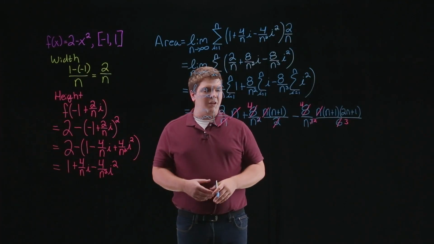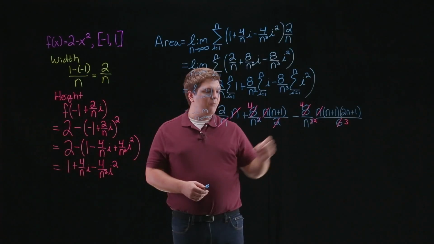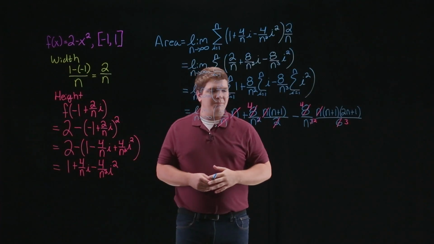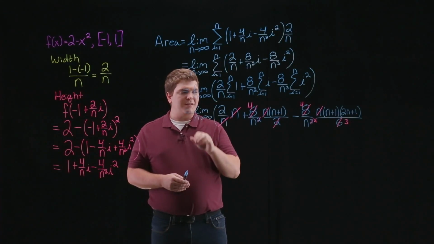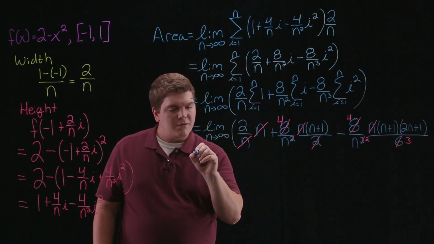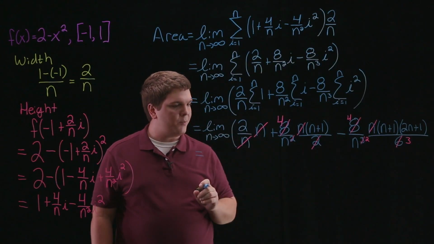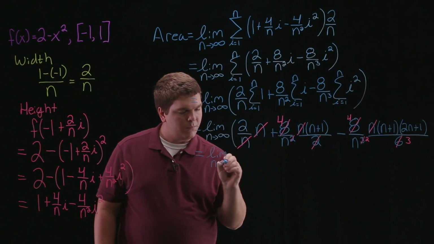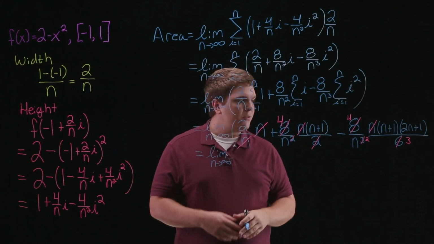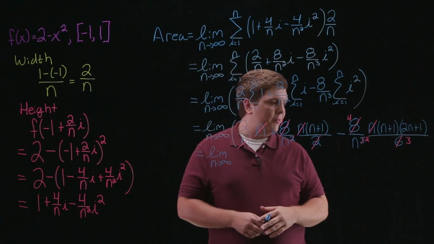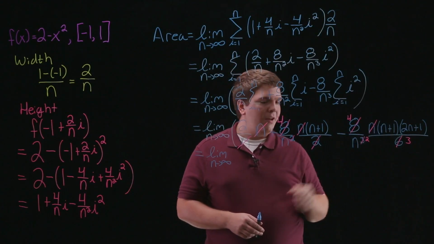So now we want to try to get a common denominator so that we can eventually take this limit, because if we try to take this limit now, it'll be a little messy. So, like I said, let's try to simplify just a little bit. Just by looking at the denominators, we see that the least common denominator would be a 3n squared.